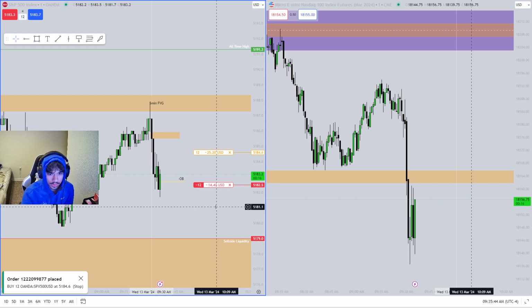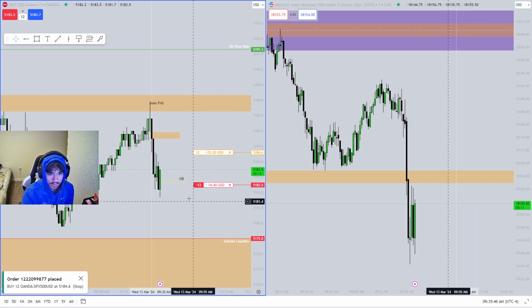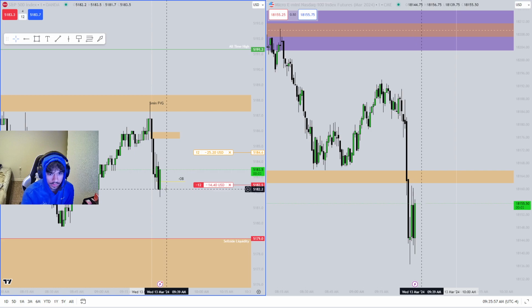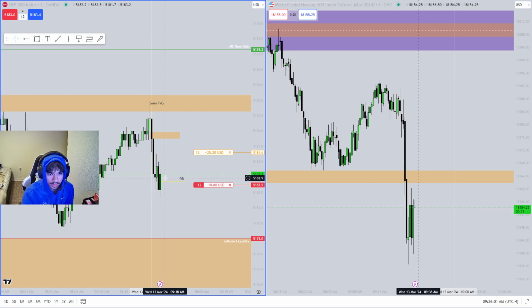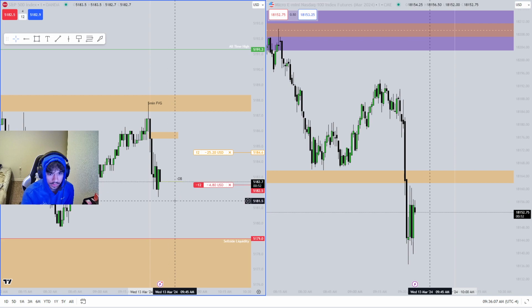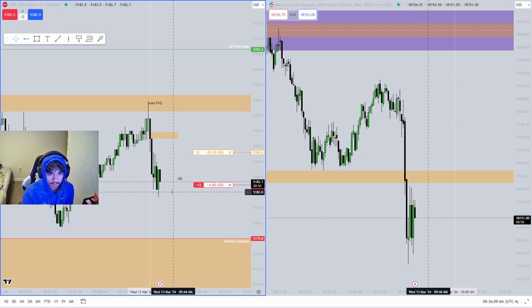Not the response I want to see off this bearish order block. I need to see some weakness in ES. I do want this candle to bleed.